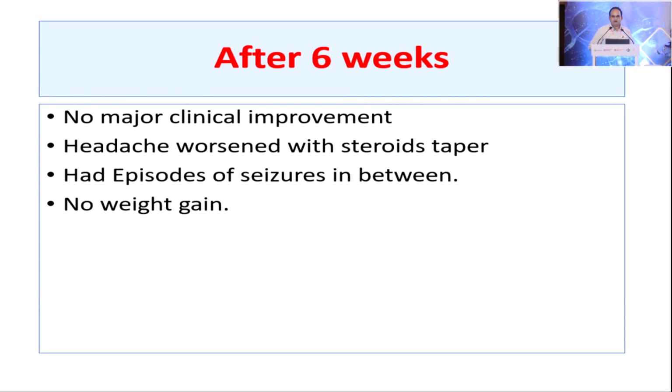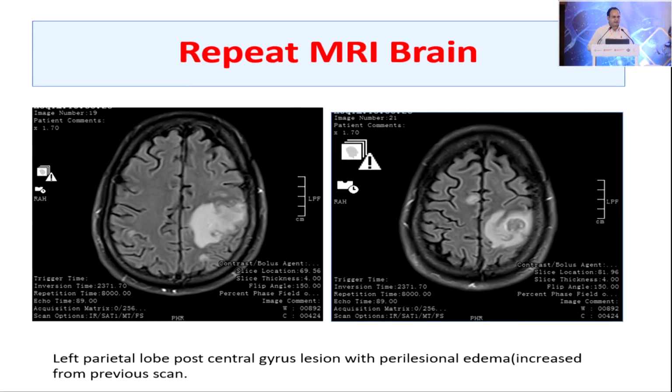Headache worsened with the steroid taper, she had episodes of seizures in between, and there was no weight gain. Now she comes back to us, and this is the repeat MRI we did, which showed that the left parietal lobe post-central gyrus lesion with perilesional edema has actually increased in size when compared to the previous scan.